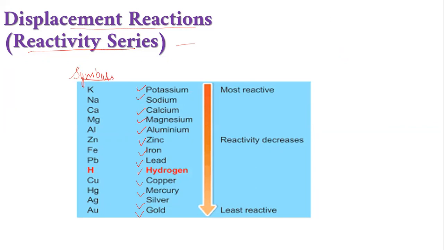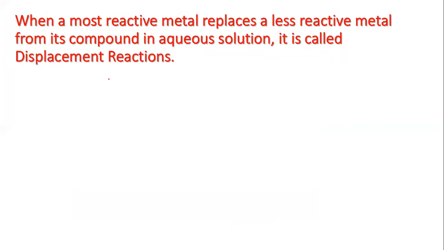Now, the displacement reaction definition: when a more reactive metal replaces a less reactive metal from its compound in aqueous solution, it is called a displacement reaction. For example, take zinc and iron.